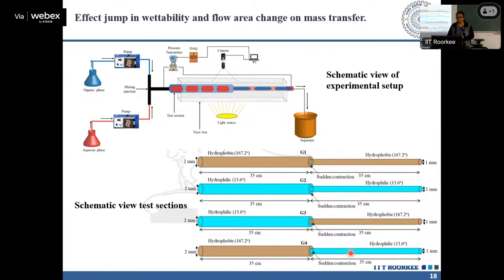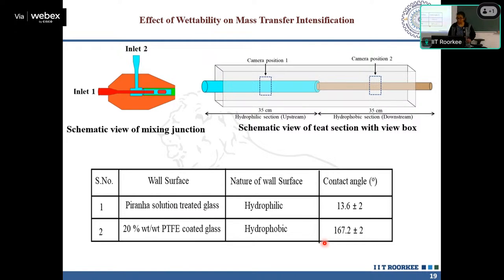And for comparison, we keep these 2 cases where we haven't changed the contact angle abruptly. One is homogeneous hydrophobic, one is homogeneous hydrophilic, and in the other two there is a change, in both ways. So we want to study what kind of combination gives the highest mass transfer possible.